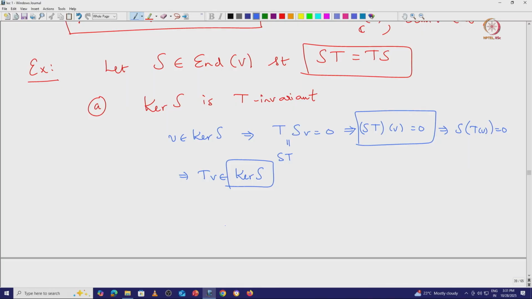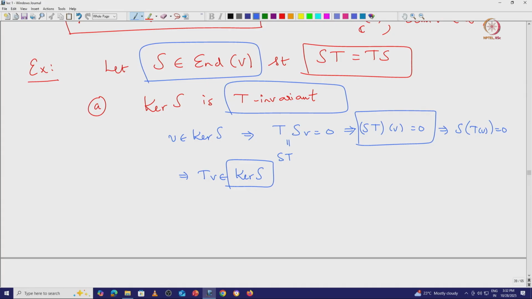So, this is one way of getting T invariant subspaces. This is the motivation in defining eigenspaces, generalized eigenspaces and so on. Now, how do you find an operator that commutes with the given operator T?